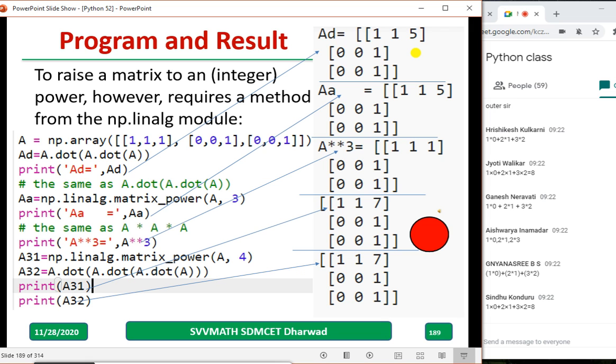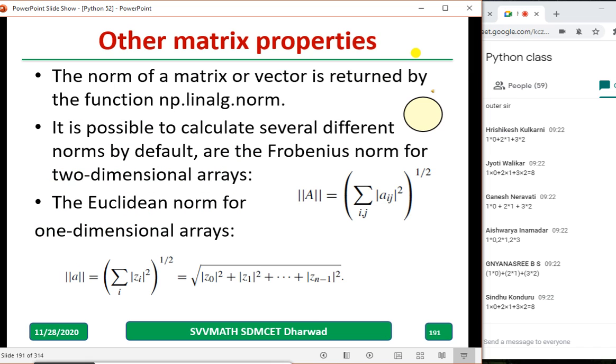Let me go to the next slide. Other matrix properties. Norm of a matrix or a vector is found by the function np.linalg.norm. We are not going to discuss how to find the norm, etc. Hope all of you have studied, and even the equations are given.